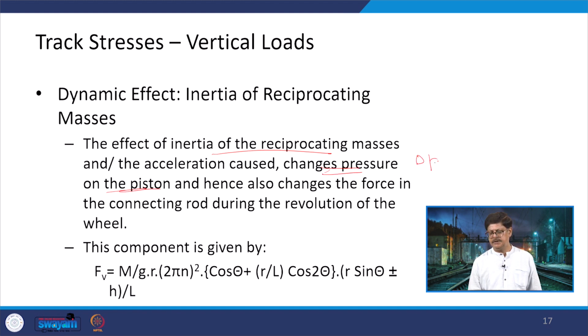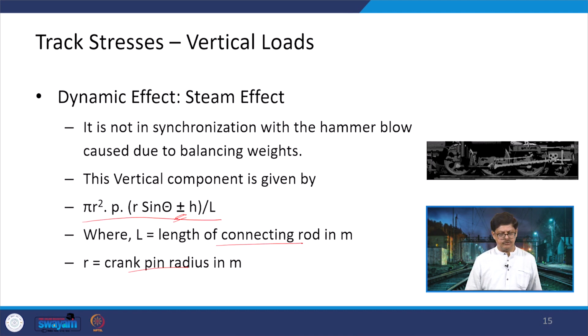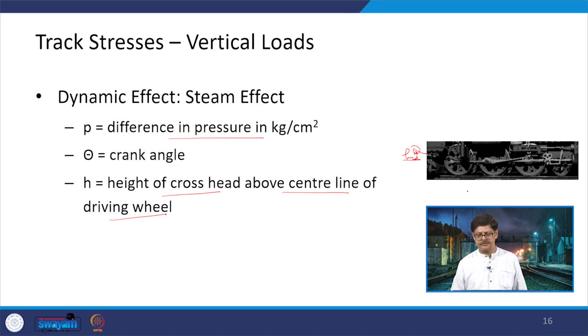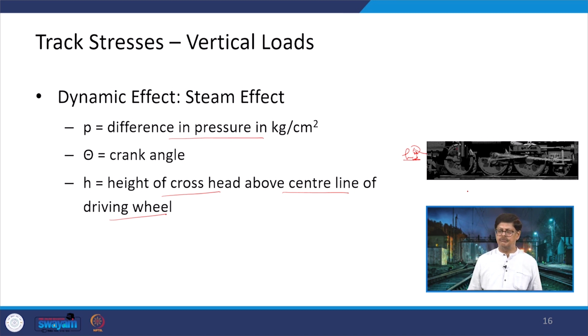So delta P is going to change, and this P is the one used here and also used previously. If this pressure is changing because of the reciprocating masses, and as we can see in this diagram, the reciprocating masses are continuously moving around the center of the wheel.